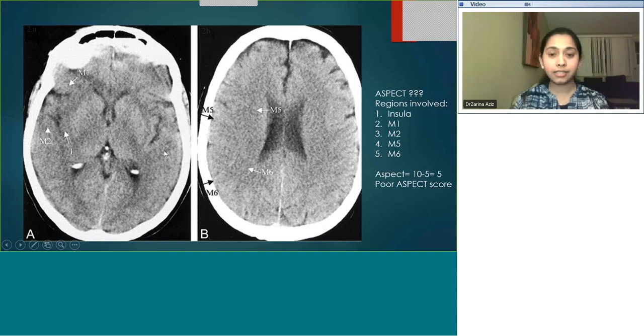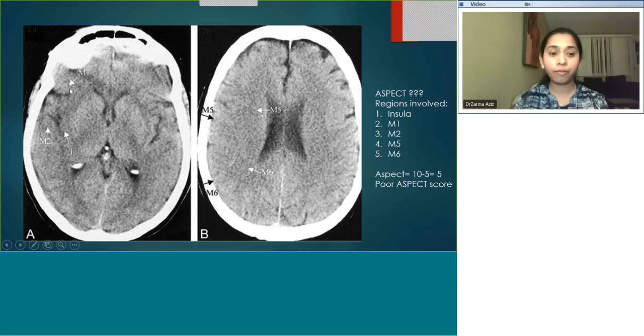Now this is an example where the patient presented with left-sided hemiplegia, and you can see that the infarct is quite significantly set in. There are areas of hypodensities. They're very subtle, so you have to make the right window adjustment to pick them up.